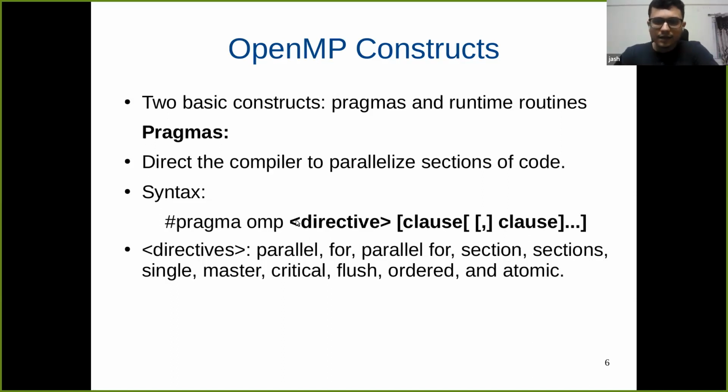For each directive, let's say the parallel directive, you can have multiple clauses, like specifying the number of threads and so on. So these are the two parts of the #pragma omp: one is the directive, another is the clause.